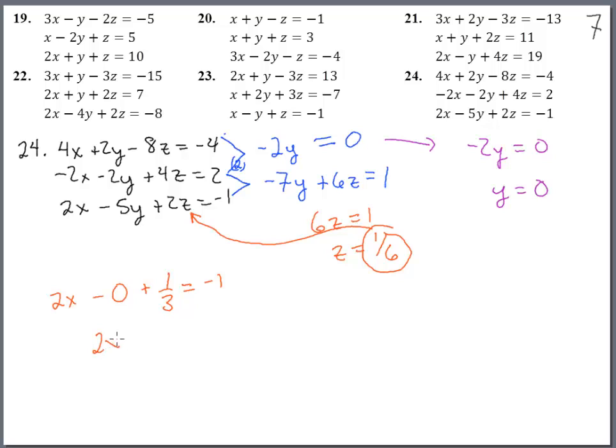So subtract 1/3 from both sides and we get 2x equals negative 4/3. Divide both sides by 2 and we get x equals a negative 2/3, which gives us as an answer negative 2/3, y is 0, and z is 1/6.